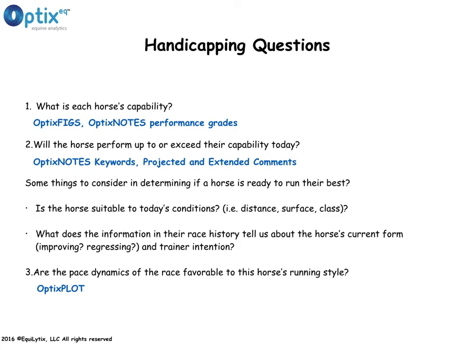So we always try to answer the questions. The tools, the approach may change, but that's our kind of framework for trying to understand and handicap races. So hopefully that's helpful and gives you some framework in terms of what we're trying to do.